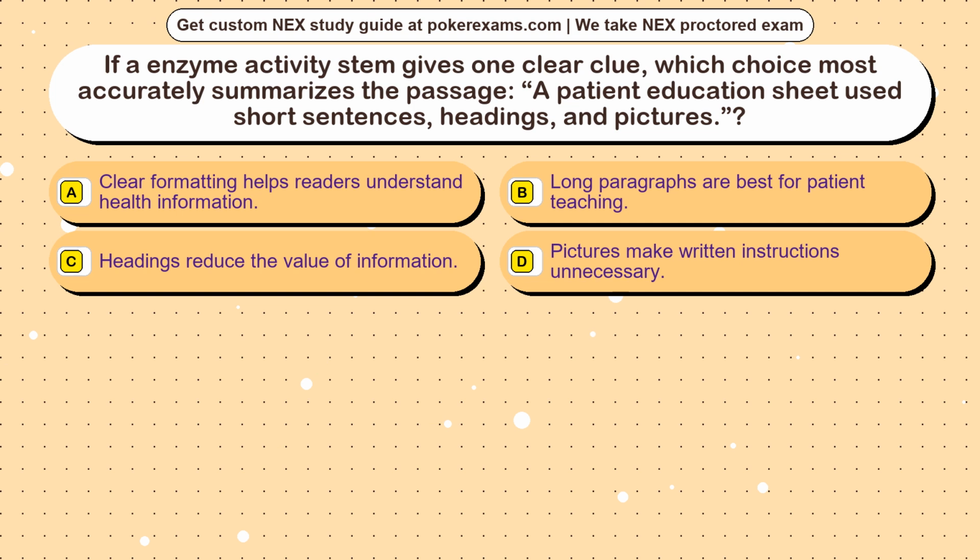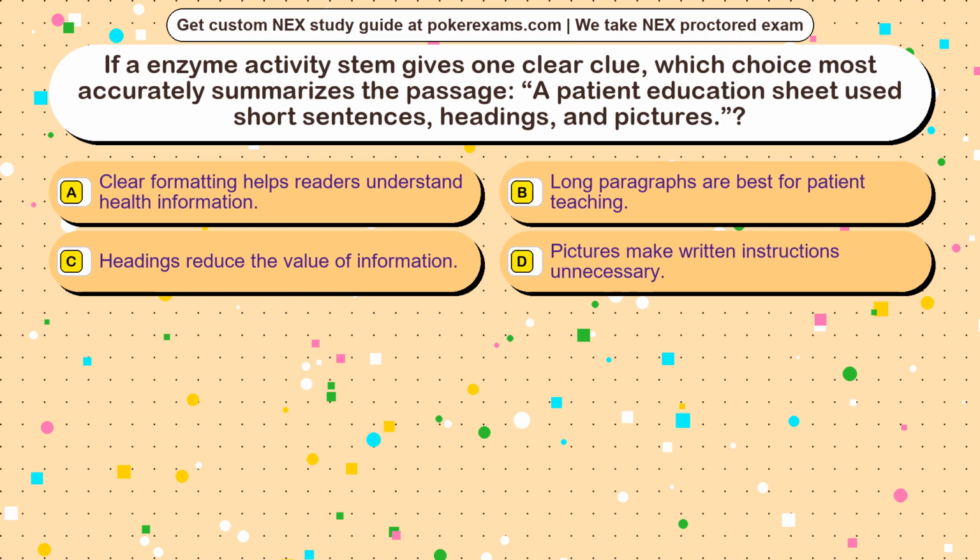Question 4. If an enzyme activity stem gives one clear clue, which choice most accurately summarizes the passage? A patient education sheet used short sentences, headings, and pictures. Option A, clear formatting helps readers understand health information. Option B, long paragraphs are best for patient teaching. Option C, headings reduce the value of information. Option D, pictures make written instructions unnecessary.